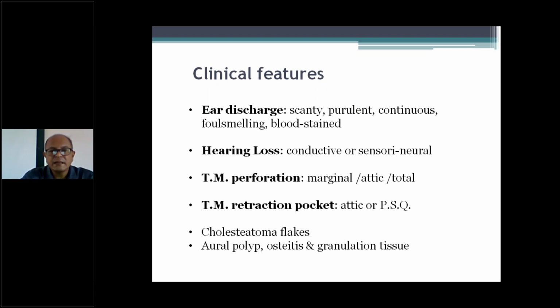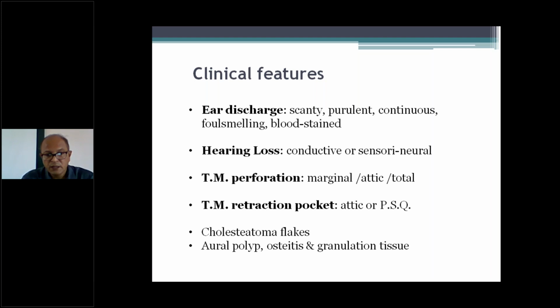Another thing you remember: sometimes it may also present to you as an aural polyp. An aural polyp in the attic area should arouse the suspicion of a cholesteatoma. You should not try to pull off the polyp, because it might be attached to the facial nerve, or to the footplate, or to any ossicle.